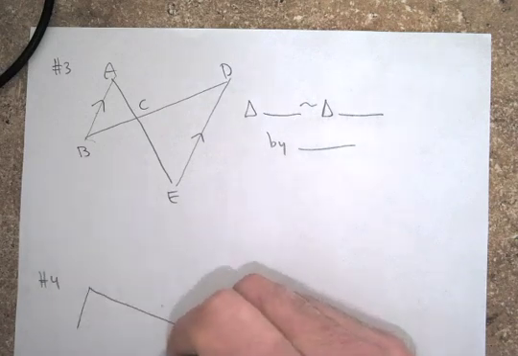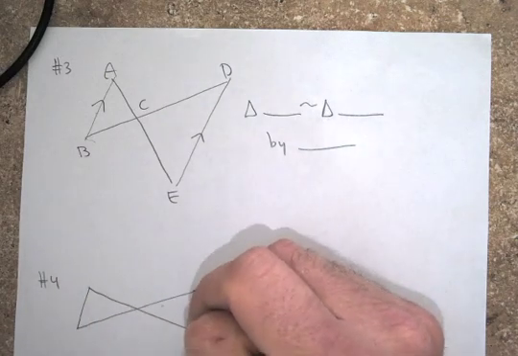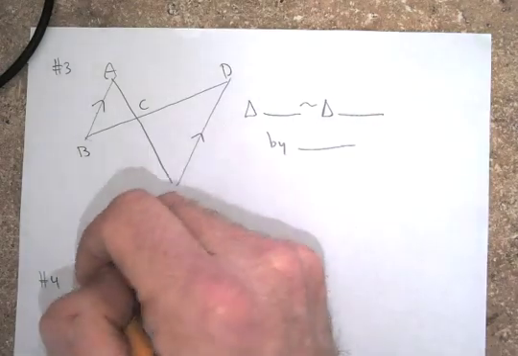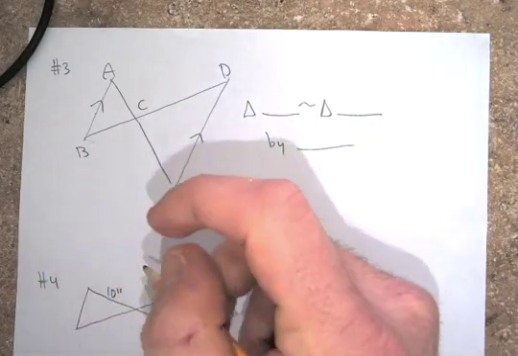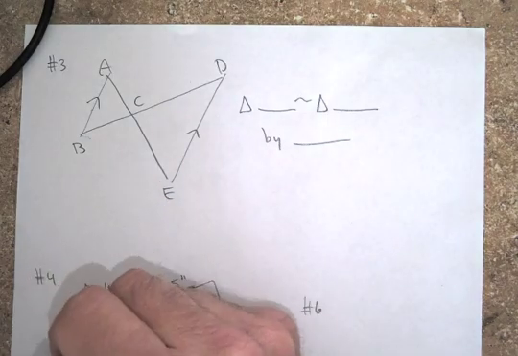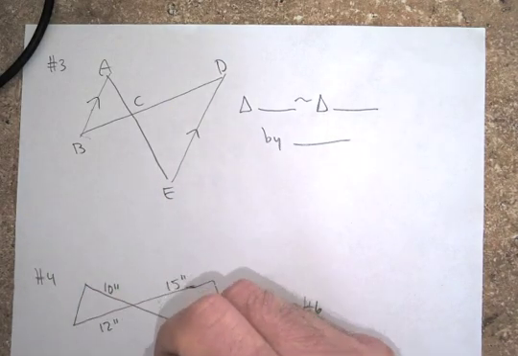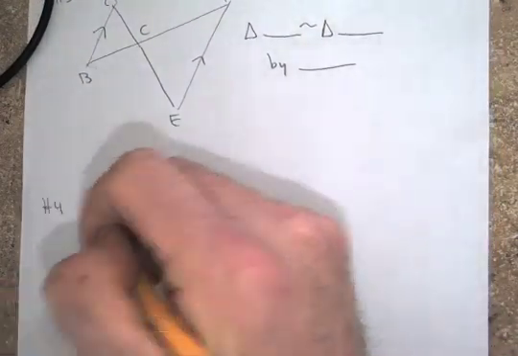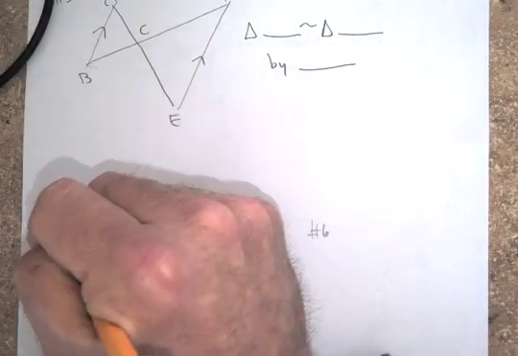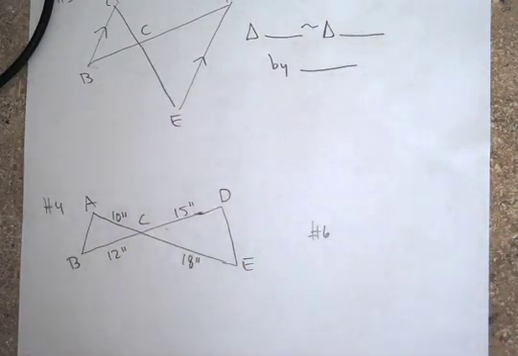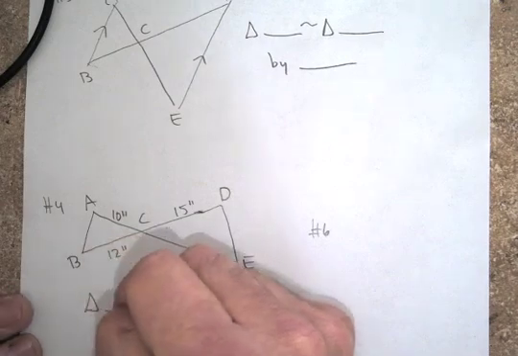Kind of similar idea. This is 10. This is 15. This is 12. This is 18. A, B, C, D, E. Okay, same thing, fill in these blanks.